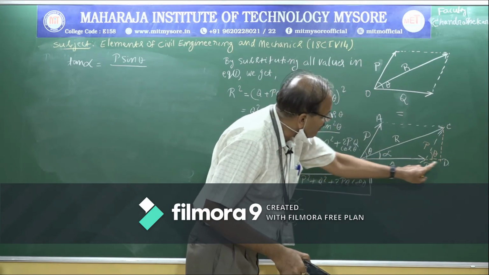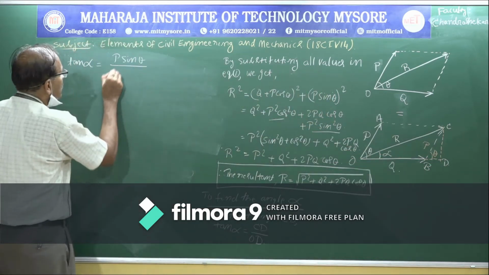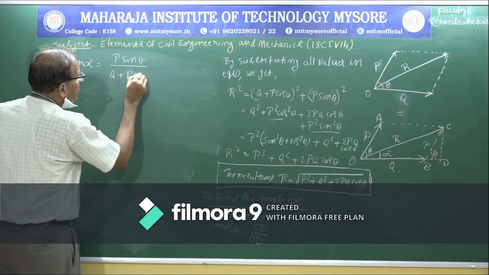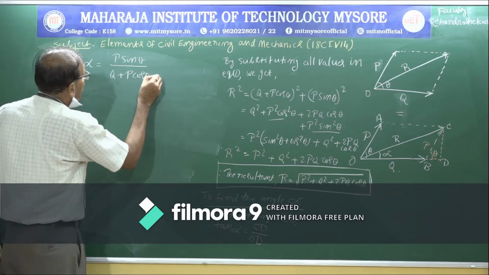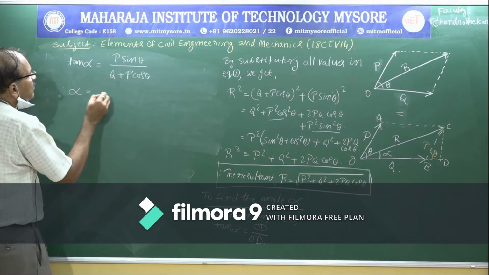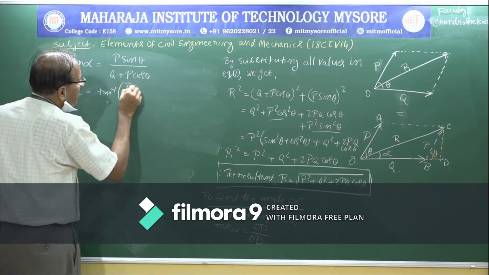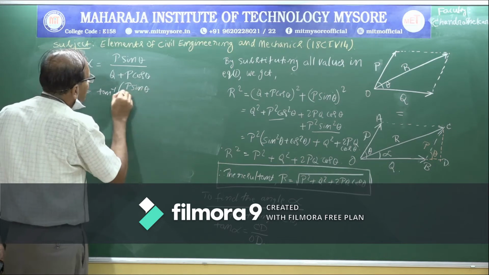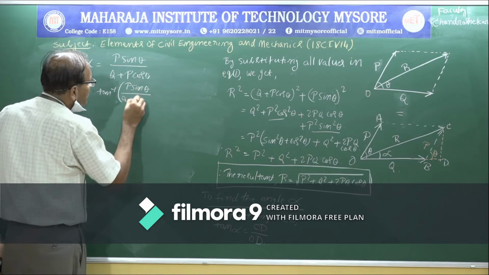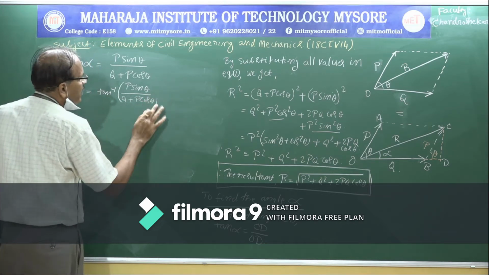Q, plus BD is P cos theta. So it is Q plus P cos theta. Therefore, alpha equal to tan inverse of P sin theta divided by Q plus P cos theta.